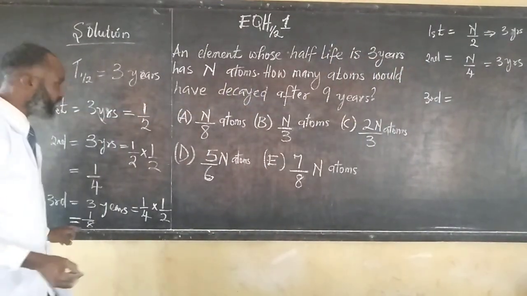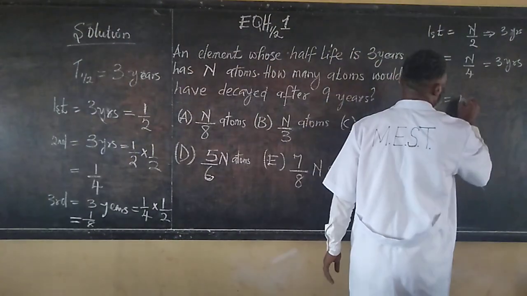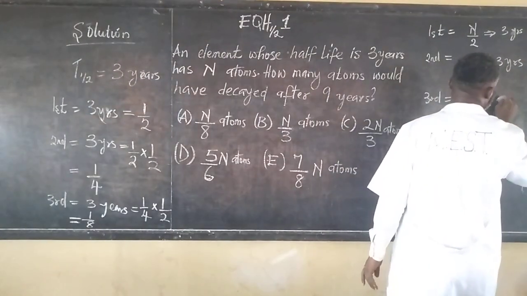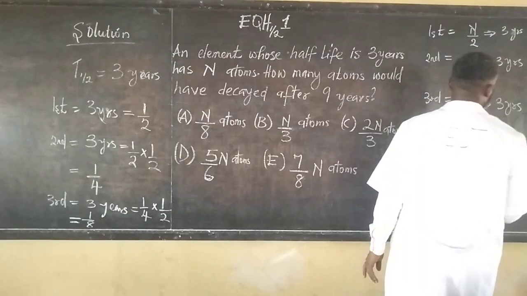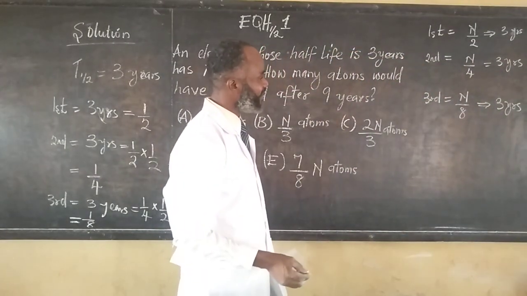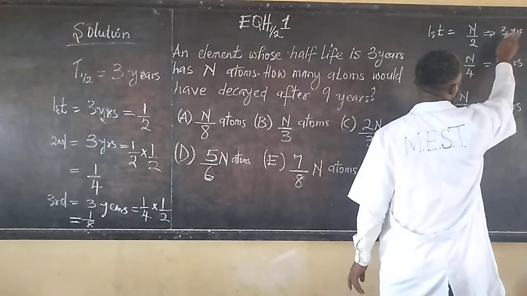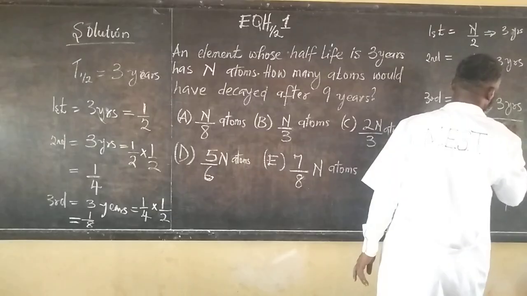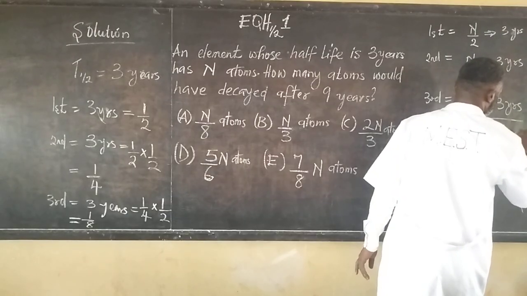Look at it, 1/8, that is N/8. This happens in another 3 years. Quite interesting, isn't it? Total years: 3 plus 3 is 6, plus 3 is 9. Total years here is 9 years.